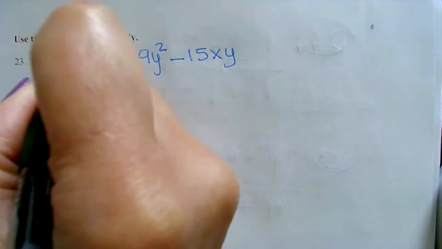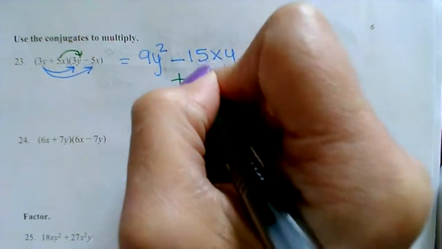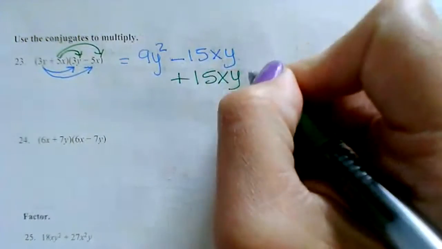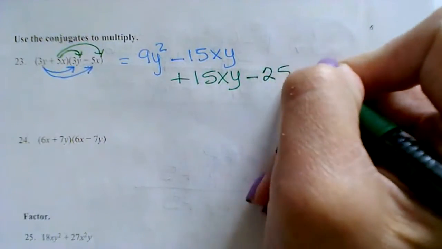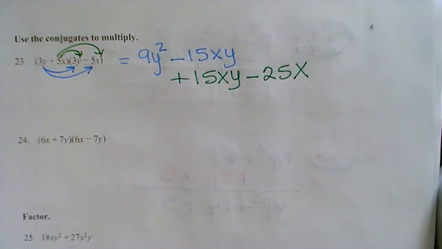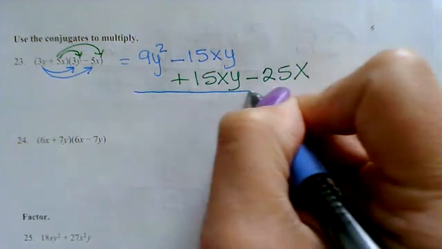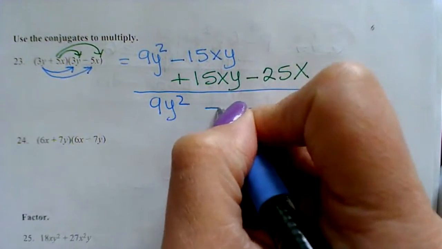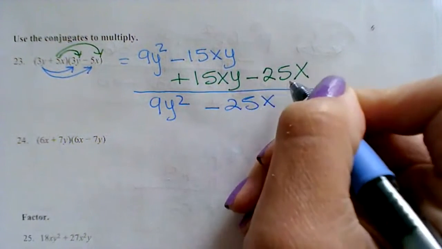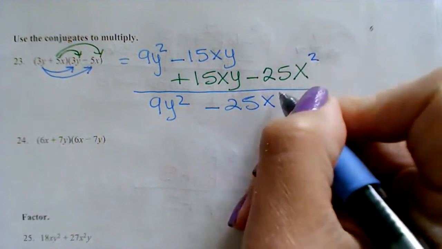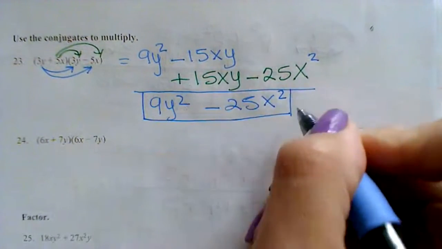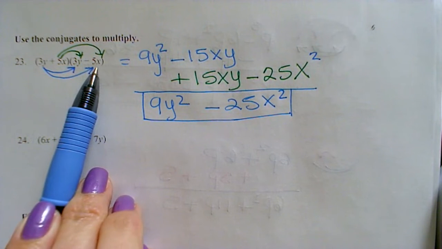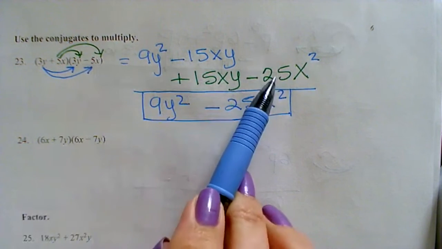Positive 5x times 3y is going to be positive 15xy. And negative 25x squared. So my answer is going to be 9y squared minus 25x squared. 5x times negative 5x will be negative 25x squared.